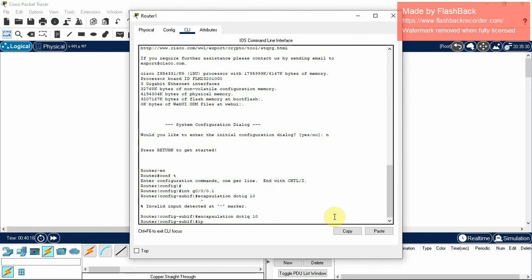Then now we configure the IP address, which is 192.168.1.1, then the default gateway.